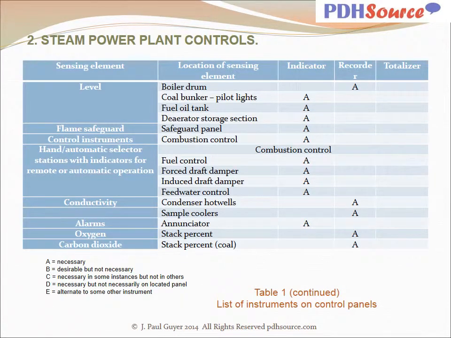And Table 1 is continued and concluded on this slide. Note that the designations used in this table are A, necessary, B, desirable but not necessary, C, necessary in some instances but not in others, D, necessary but not necessarily on located panel, and E, alternate to some other instrument.